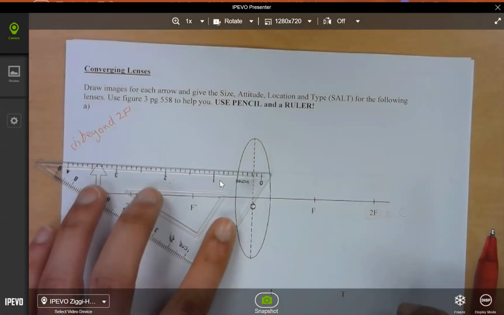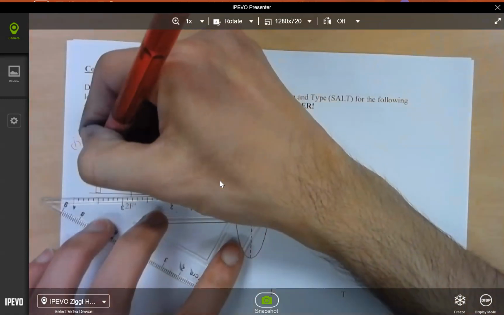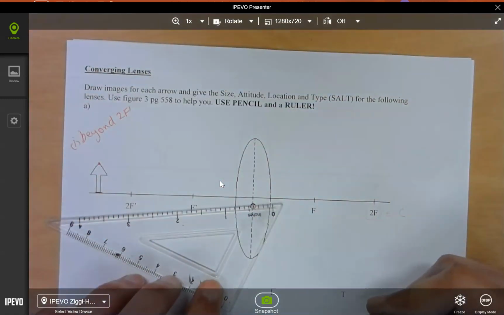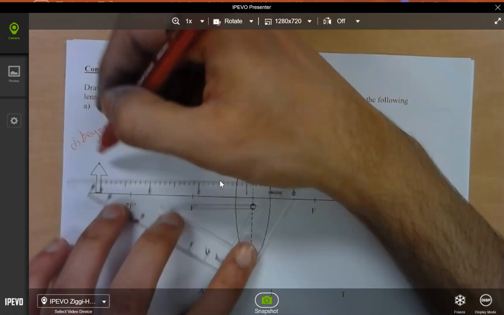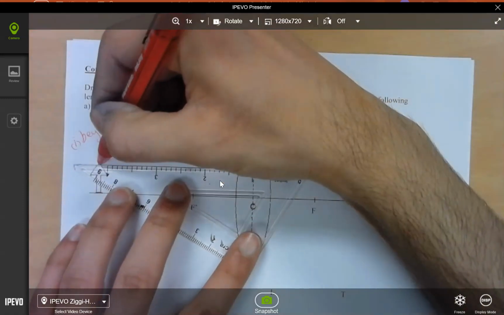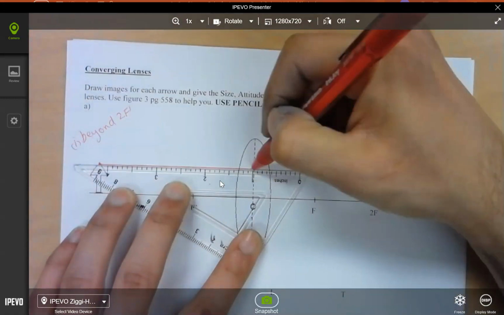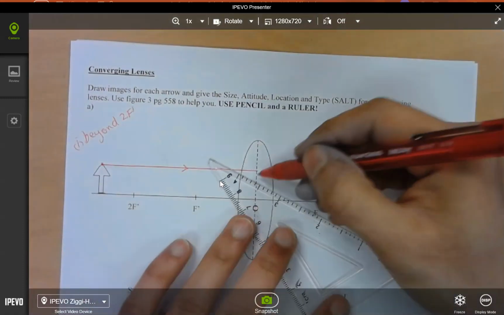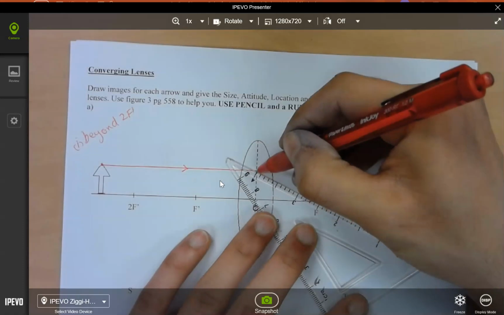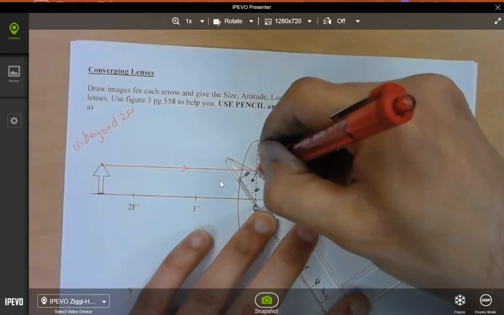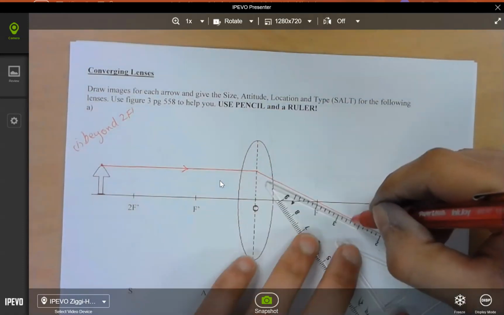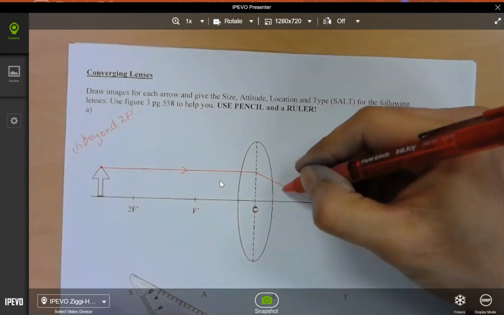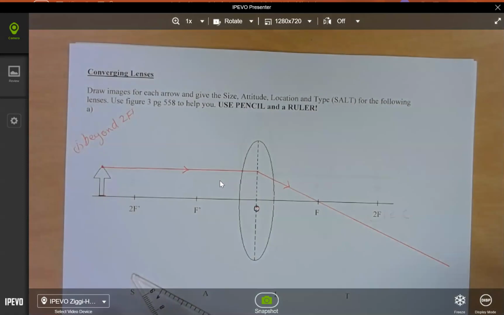Again, let's draw our rules. We're only going to take this one point. We know that this is still going to lie on the principal axis. It's the same idea as the mirrors. So we're going to draw a ray parallel to the principal axis, like so, passing through the focal point, like so.